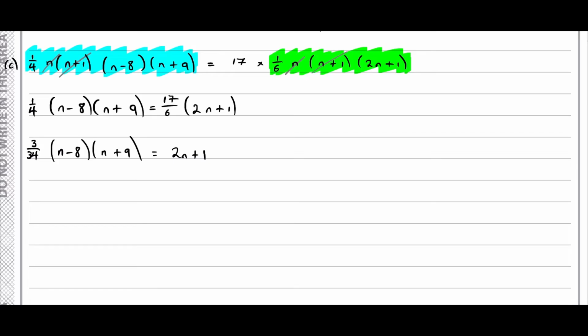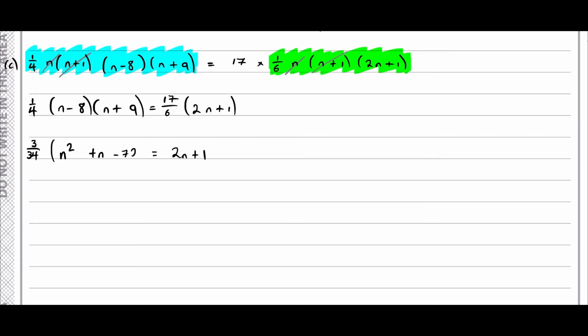Multiplying through by 34, we already know that n minus 8 lots of n plus 9 is n squared plus n minus 72.